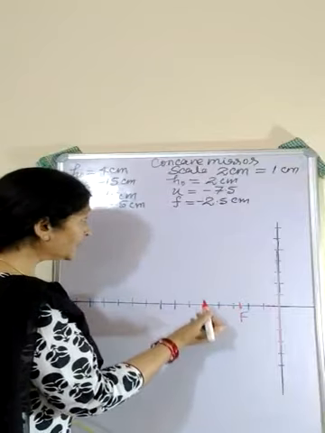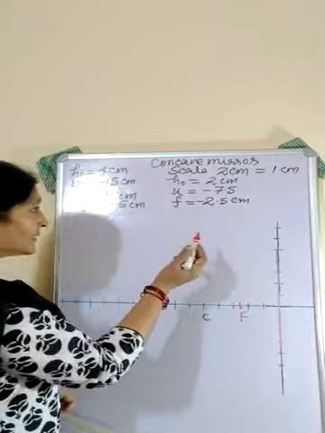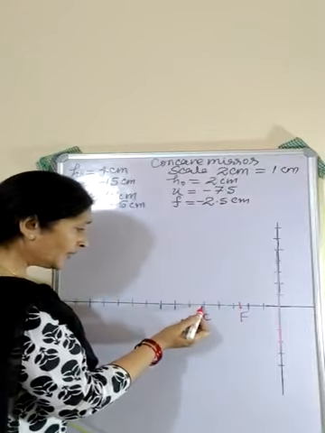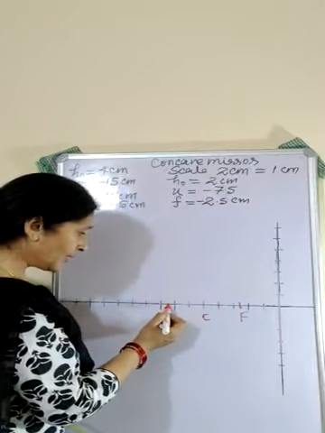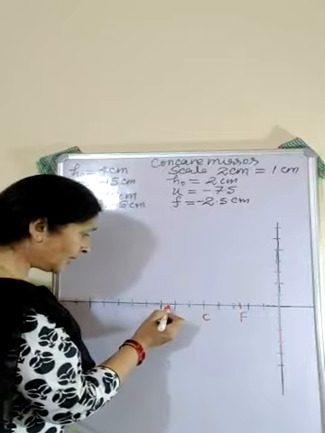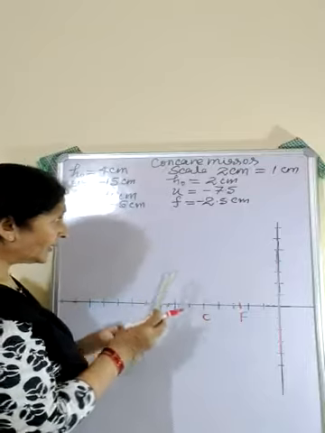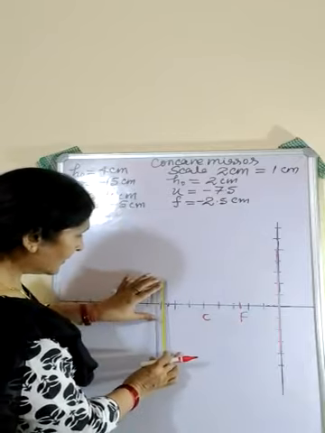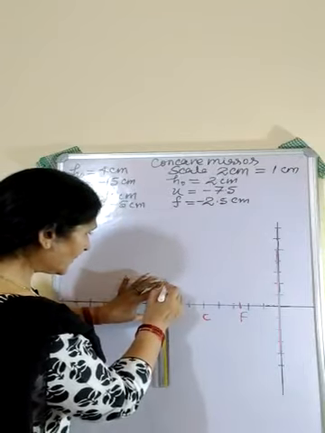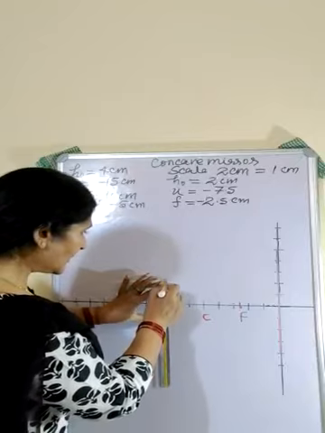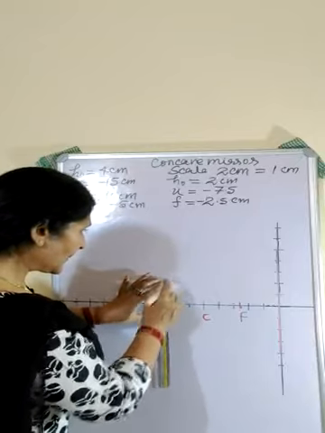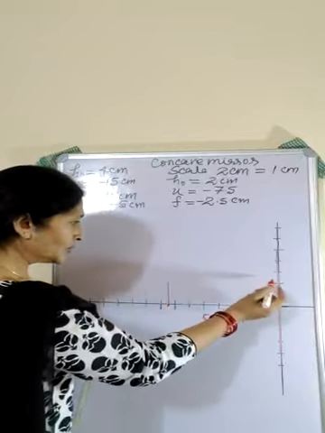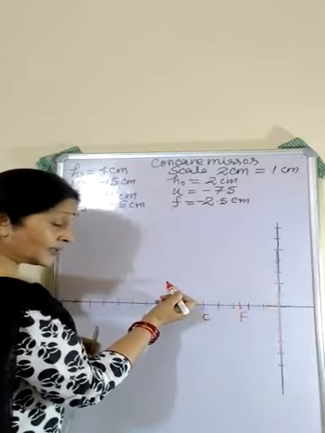Object distance is 7.5, so 5, 6, 7.5 here. Object will be here. And the height of the object is 2 centimeter, so we will take 2 centimeter high object here.